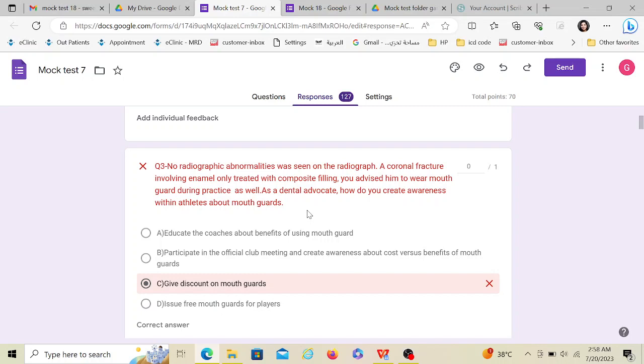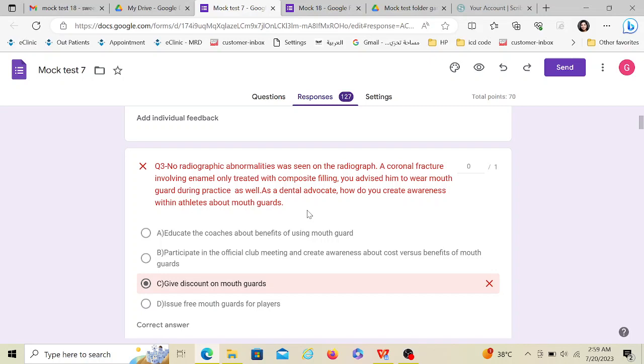Or should I go to a playground and catch all the athletes and distribute pamphlets? Or should I catch the person who teaches or coaches them? Or should I just take permission from the schools or the colleges, and wherever they have the coaches and the athletes together, I would go and give a presentation. What do you think should be the more effective one?